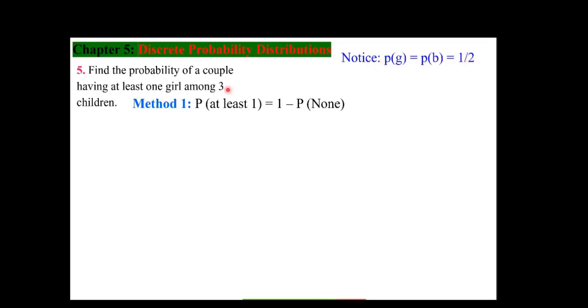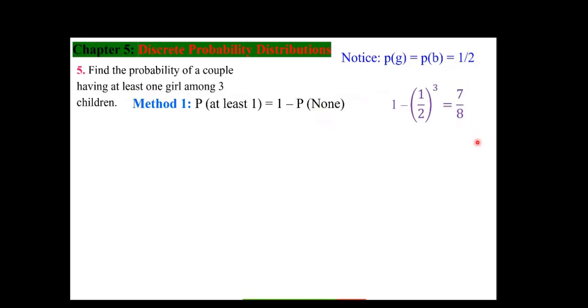When we say having at least 1, none means all of them are what? The other gender. All of them are boys. Okay, 1/2, and because the probability is 1/2, and we are assuming independence, by the way, 1/2 to the 3rd power, so 1 minus that. So the probability is 7 out of 8. You can also do the tree diagram to see that.